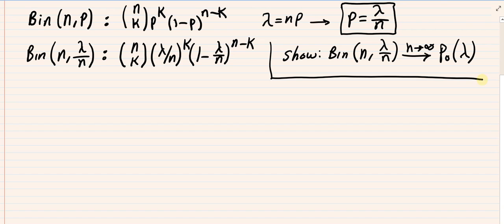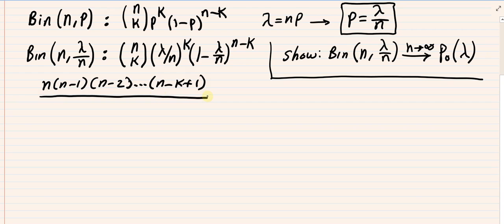Okay, so let's actually go ahead and expand this expression for the binomial distribution. So first, the combinatorics n choose k, that's going to be n, n minus 1, n minus 2, up to n minus k plus 1, over k factorial. This is just the definition of n choose k.